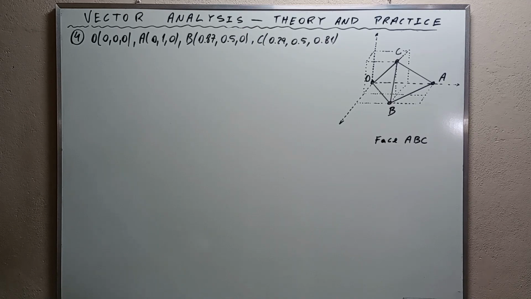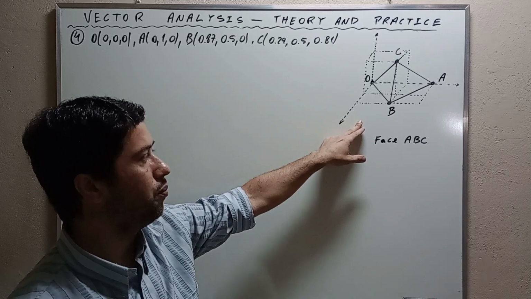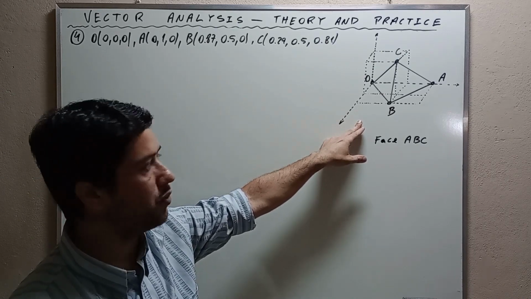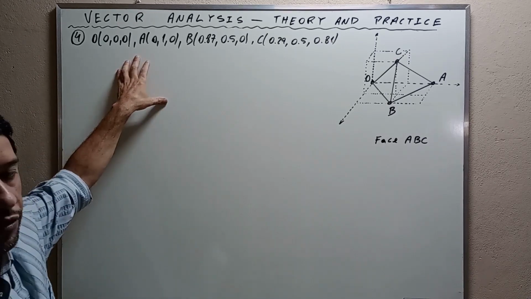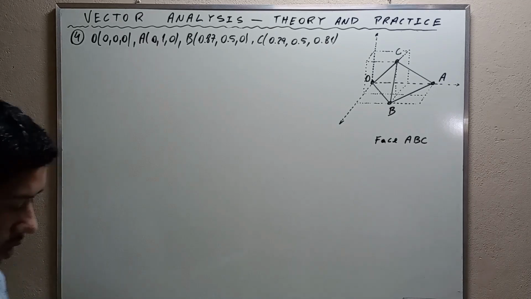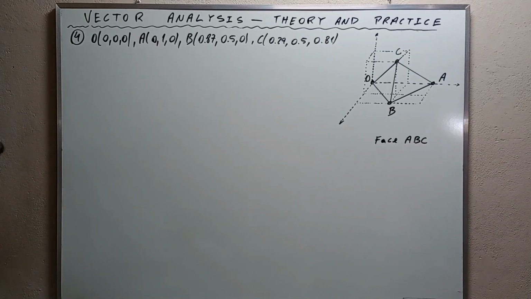Okay, the exercise didn't provide the image. For better understanding, I decided to draw the regular tetrahedron in accordance with the coordinates of the vertices. Okay, so let's go, let's solve it. The exercise wants us to find a unit vector perpendicular to face ABC pointing outwards.